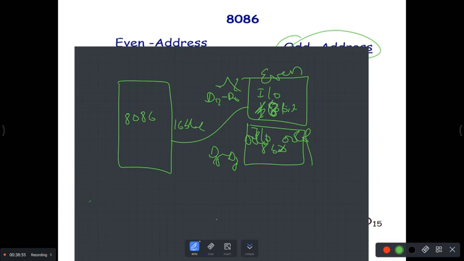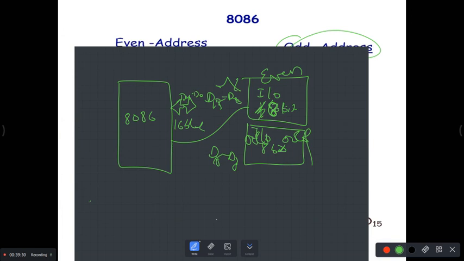No, you can connect D15 to D0 of the device directly to D15 to D0 of the microprocessor, and the transfer happens in one machine cycle. Suppose you have two 8-bit IO devices. Both can exchange data with the microprocessor at a time, provided you give an even address to one and an odd address to the other. This is very important to understand.